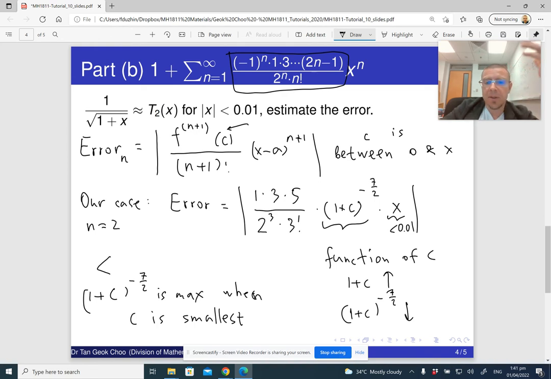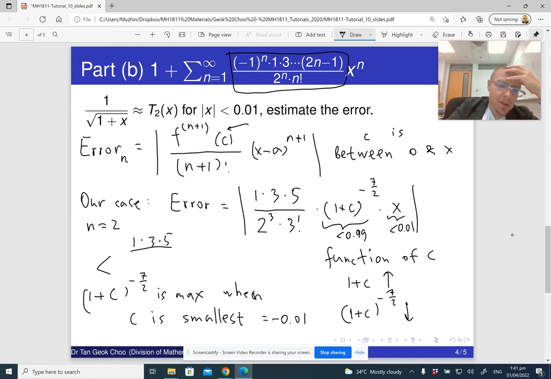So c is between 0 and x, and the largest possible value of x is 0.01, so the smallest possible value of c is minus 0.01, right? So to make this as large as possible, 1 plus c is still at least 0.99.